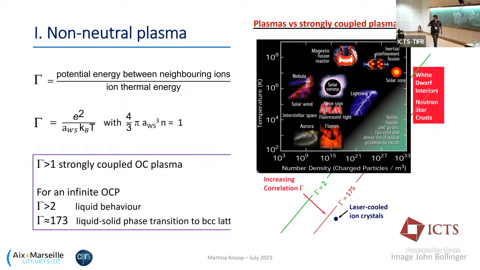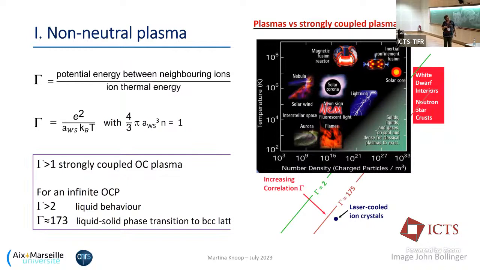Here we go. Why is it going to BCC? You will see, because there are others. John Bollinger has made this very nice image of all the plasmas you know, in nebulae, in a magnetic fusion reactor. You have here the number density and here the temperature. The fusion reactor will be somewhere high up here, and flames low down here at temperatures which are not very high.